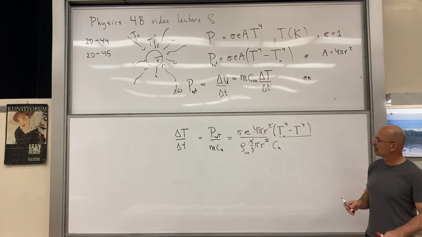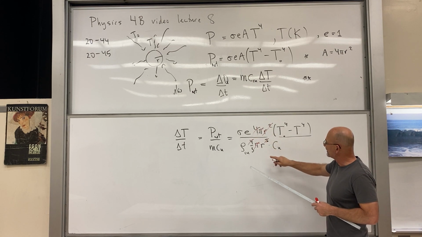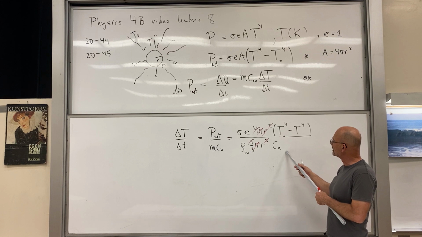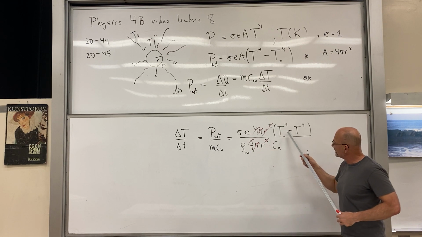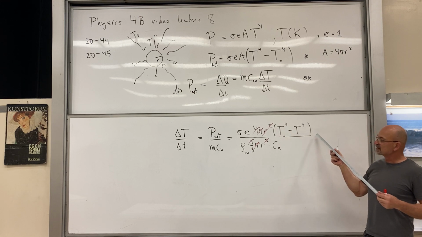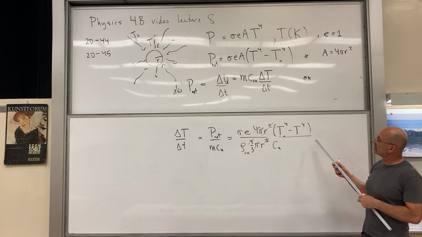So yeah, never plug in numbers until you have to. And E is equal to 1. So you've got the density of copper, specific heat of copper, Stefan Boltzmann constant. E is equal to 1. And then these temperatures expressed in Kelvin. Good. So that's an interesting problem.